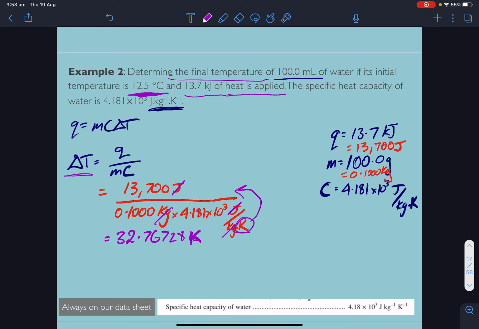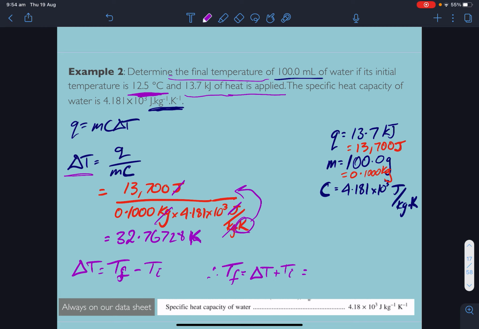We're applying heat, inputting energy, so the temperature is going to go up, and the delta T is 32.76. So delta T equals temperature final minus temperature initial. Therefore temperature final equals delta T plus temperature initial.